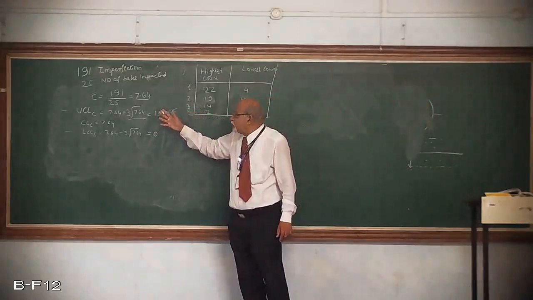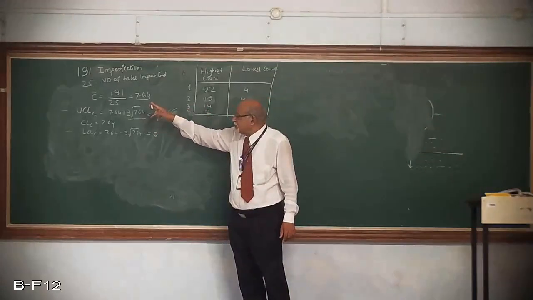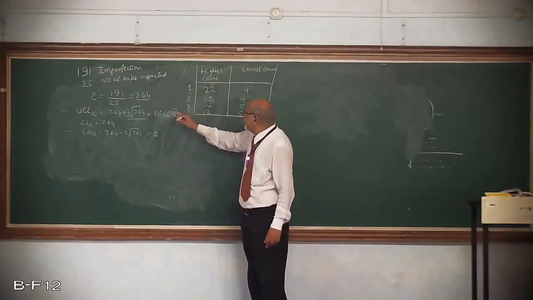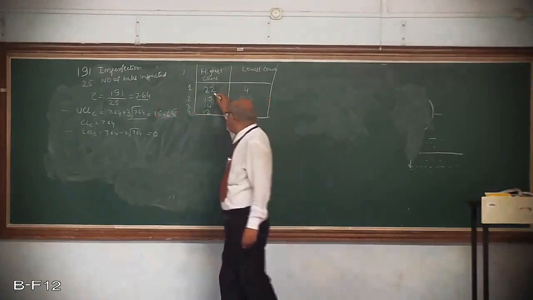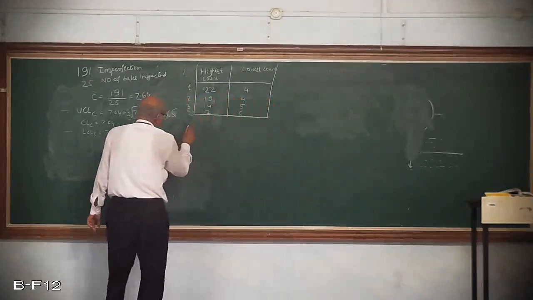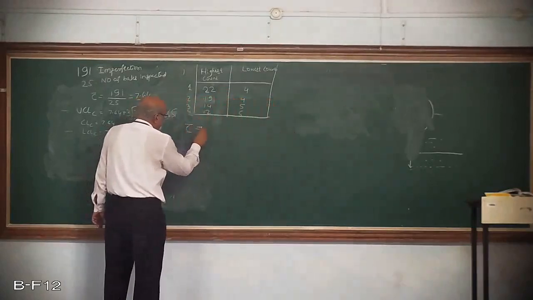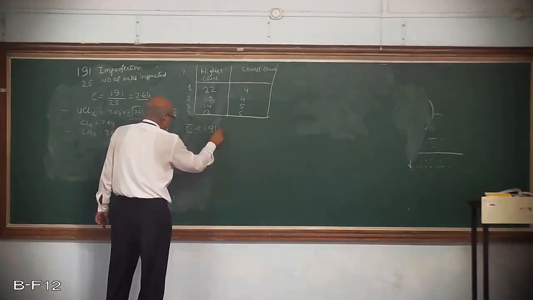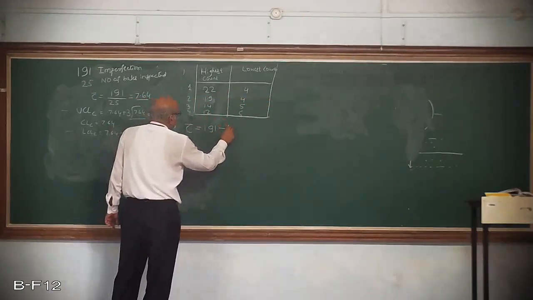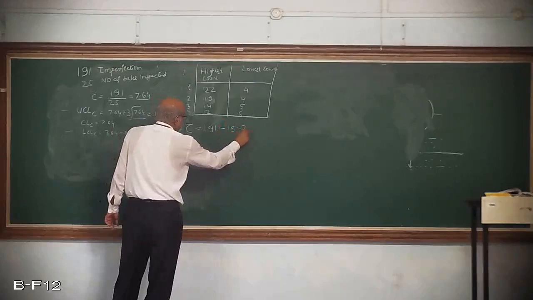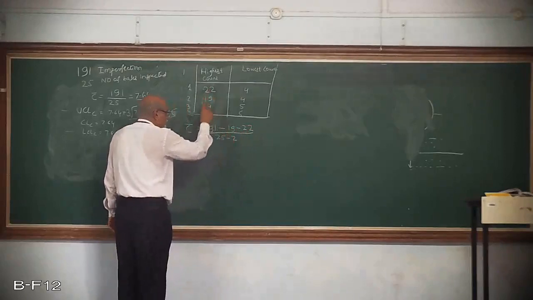So revision, how is it done? The total value we know, earlier it was 191. The revised C bar value is 191 minus 19 minus 22, divided by 25 minus 2, because these two bales have been removed.